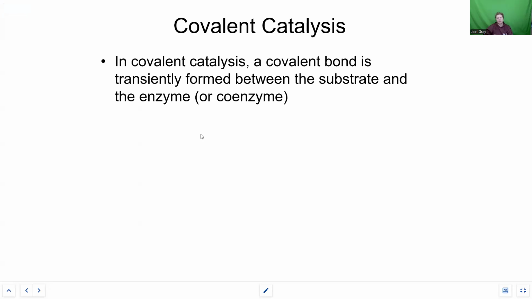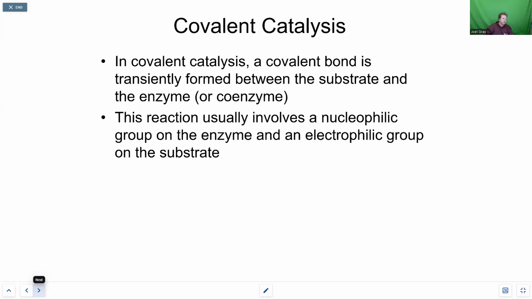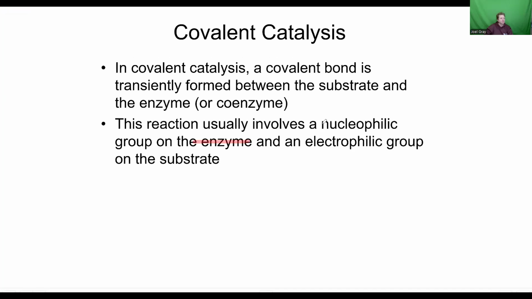So think about covalent catalysis as, oh, we've got a covalent bond. This reaction usually involves a nucleophilic group on the enzyme. That's an important distinction. Where is the nucleophile? It's on the enzyme. So the nucleophile is on the enzyme and the electrophile is on the substrate.